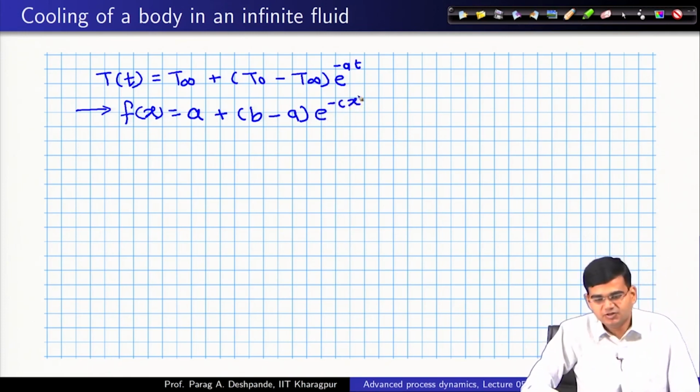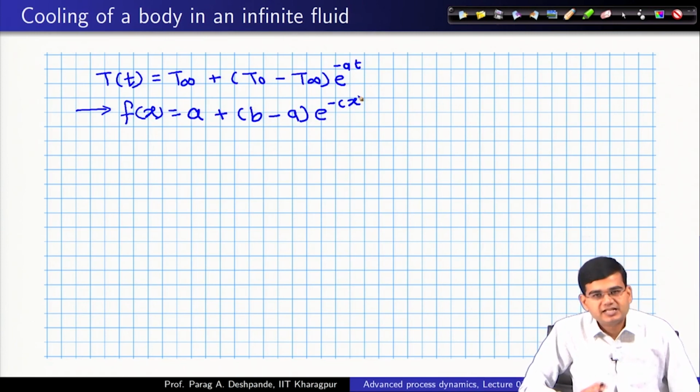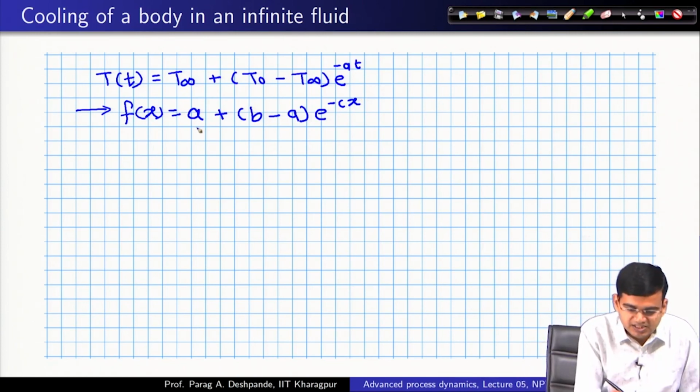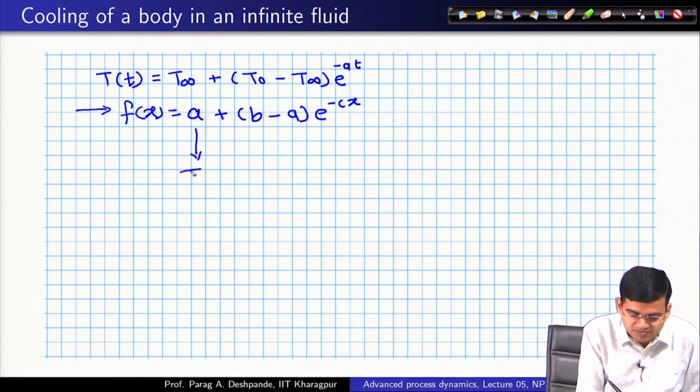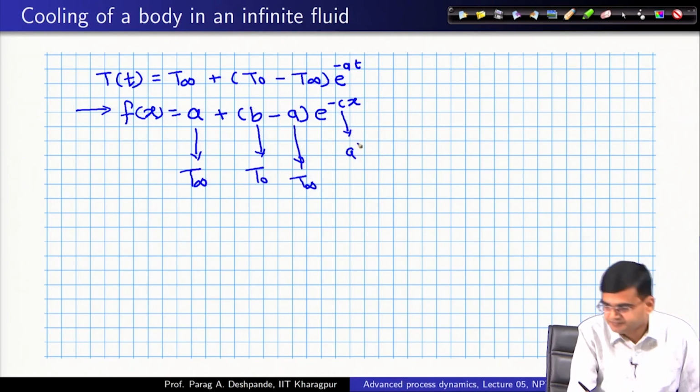Due to the syntax required in the graphing calculator, a would correspond to t infinity, b would correspond to t 0, and c would correspond to the parameter a.